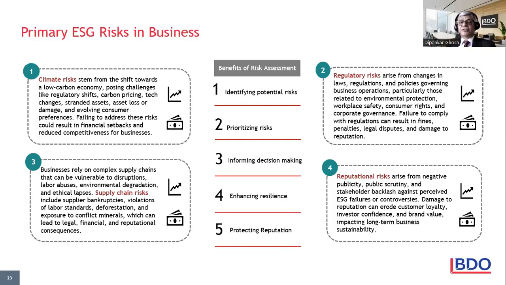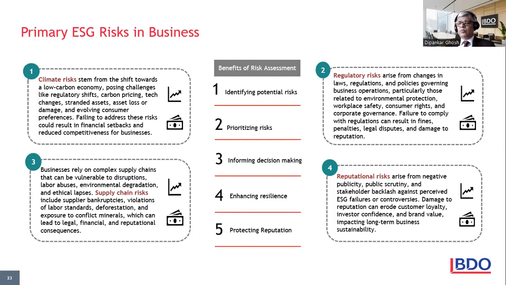We have the ExxonMobil oil spill incident, which has clearly created huge reputational risk for organizations where environmental and ESG related actions were not taken at the right time in the right manner. So for any organization, identifying these potential risks across these quadrants, prioritizing these risks and informed decision making will help in enhancing resilience and protecting reputation. That is what is important.